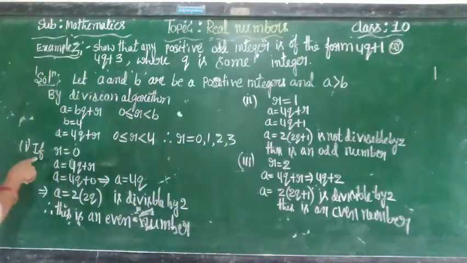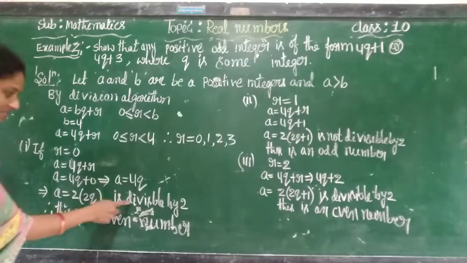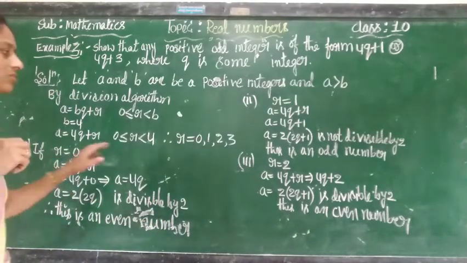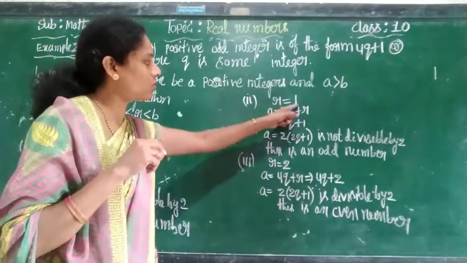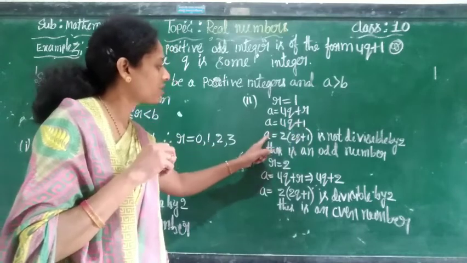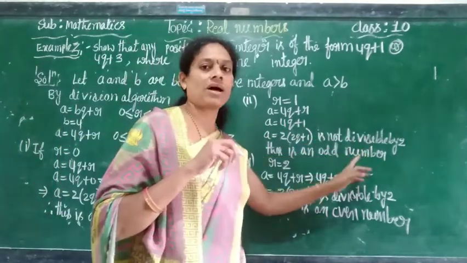So if the condition is r is equal to 0, a is equal to 4q plus r, we write a is equal to 2 into 2q. So a is divisible by 2. This is an even number if the condition is 0. If r is equal to 1, a is equal to 4q plus 1, a is equal to 2 into 2q plus 1, which is not divisible by 2.